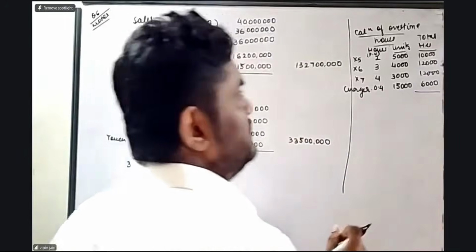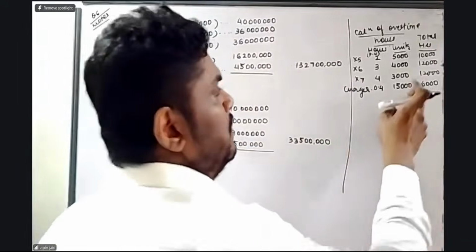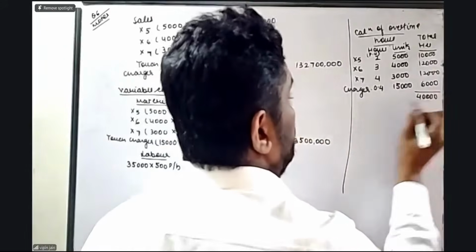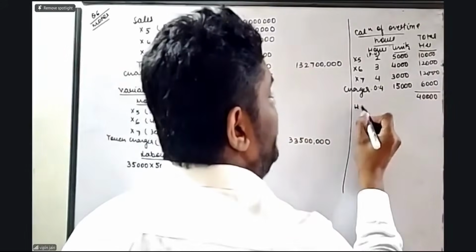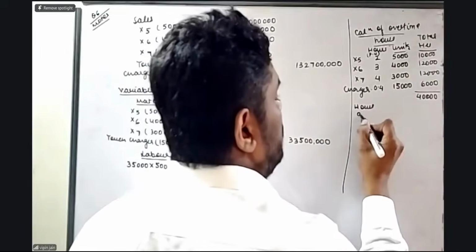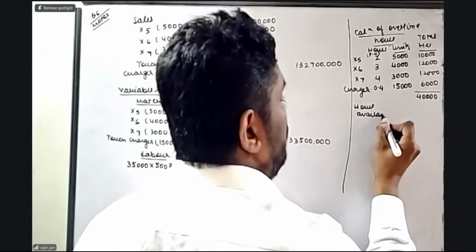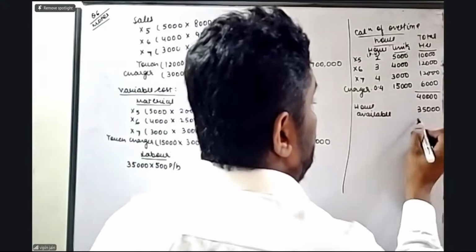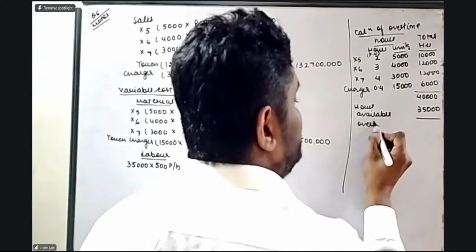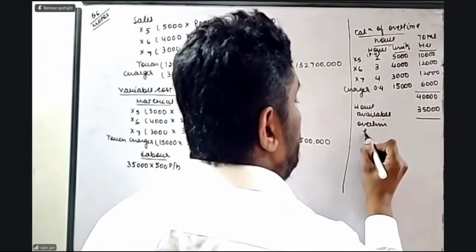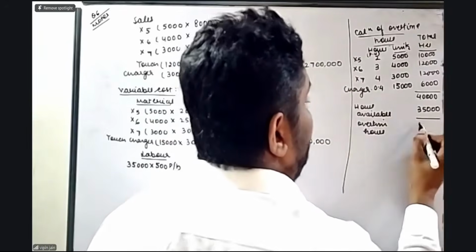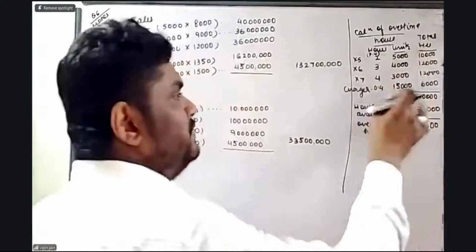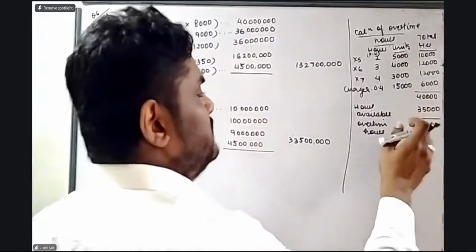So total hours we have required is how much? 40,000 hours. So hours available is how much? 35,000. So overtime hours will be how much? 5,000.